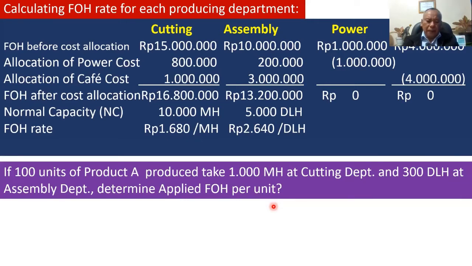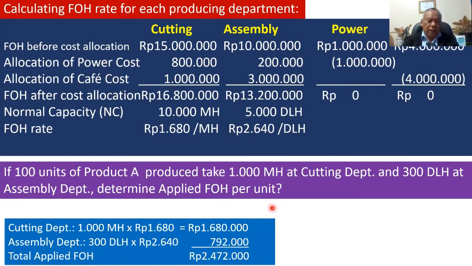In this case, the cutting department, the actual capacity is 1,000 machine hours, and the cutting rate 1,680. So we find 1,680,000.